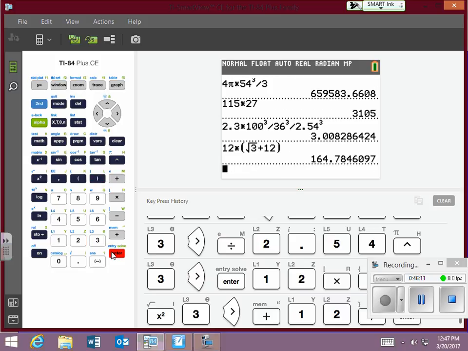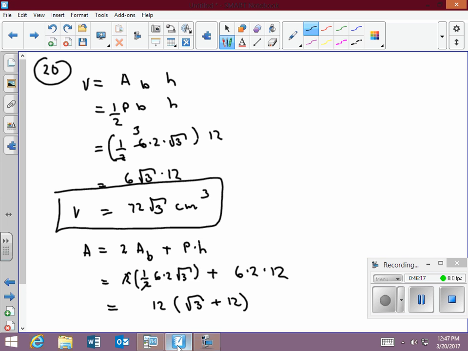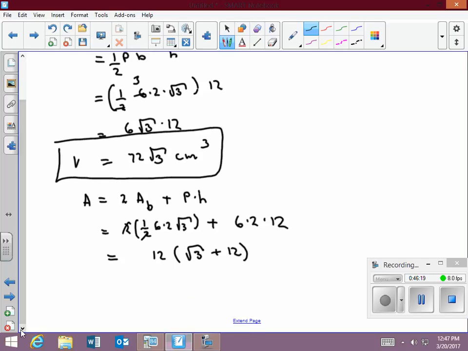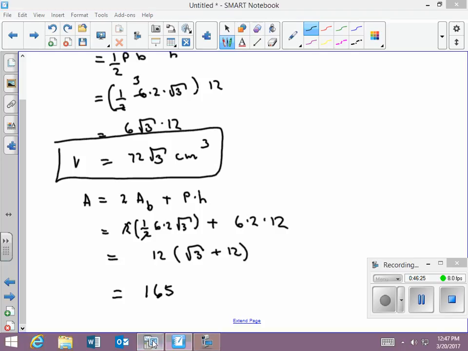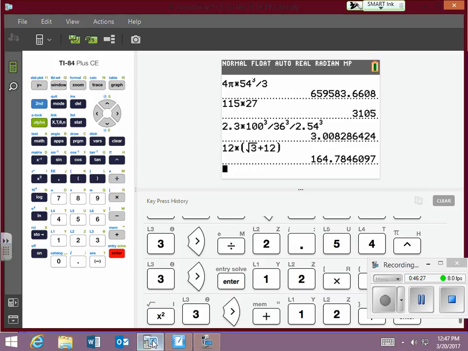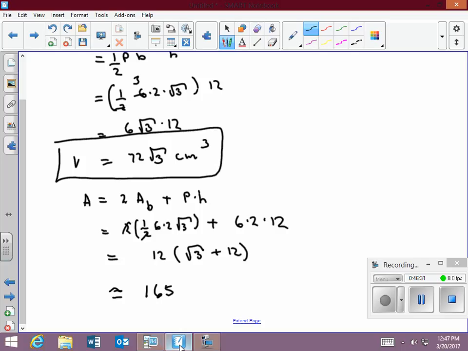It's 165. What's that? Approximately. And that's centimeters squared, area.